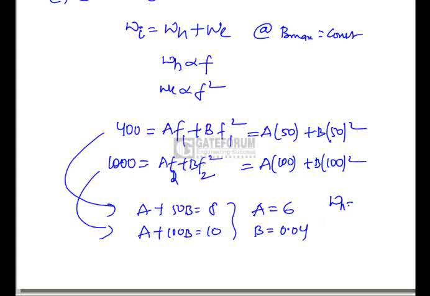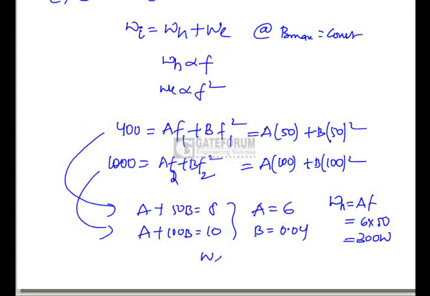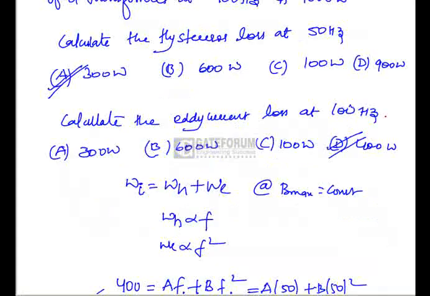Hysteresis loss is equal to A into F, so this is 6 into 50, 300 watts. So option A is correct. Similarly, eddy current loss at 100 hertz is equal to B times F square. This is 0.04 into 100 square, which is equal to 400 watts. Option D is correct.